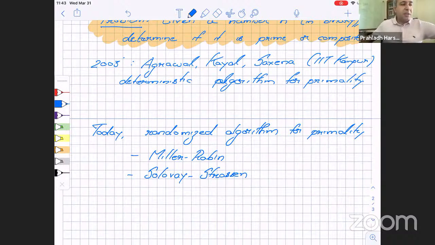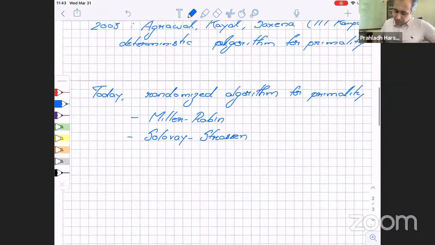The algorithm I'll present completely, but it will need certain number theoretic facts, and I won't prove all of them. Some of them I'll state without proving them. But you should just look at the simplicity of the algorithm. It's a very clean algorithm that will check whether a number is prime or not. We'll talk about Solovay-Strassen.